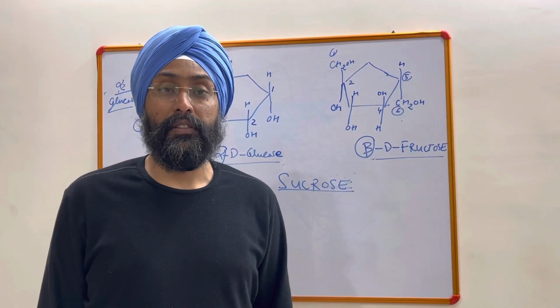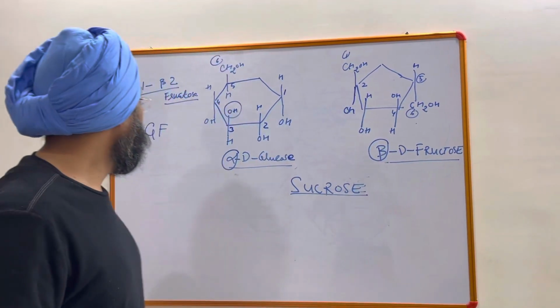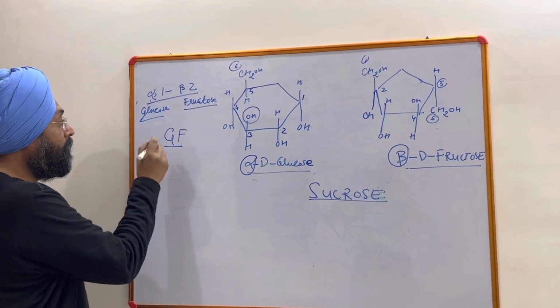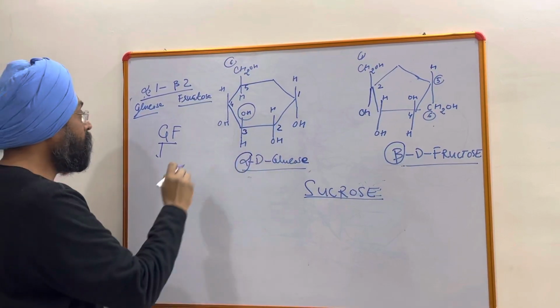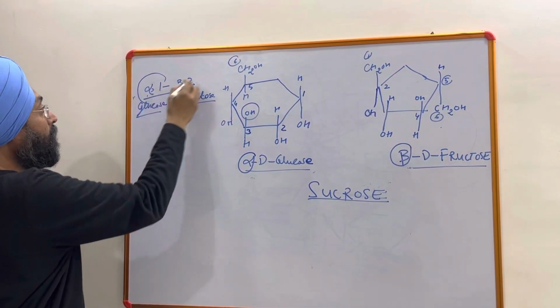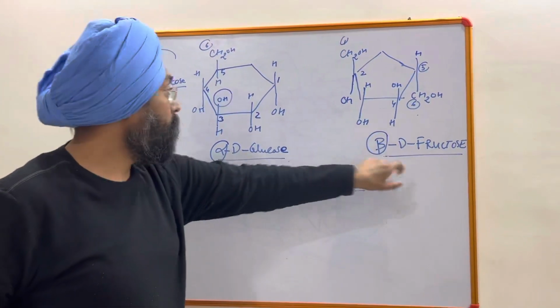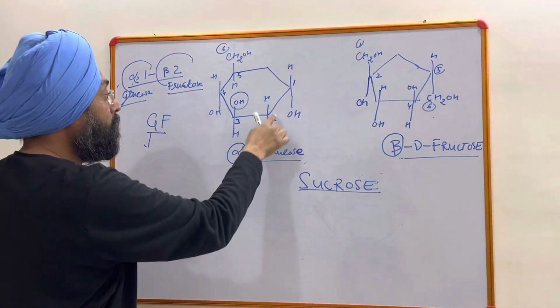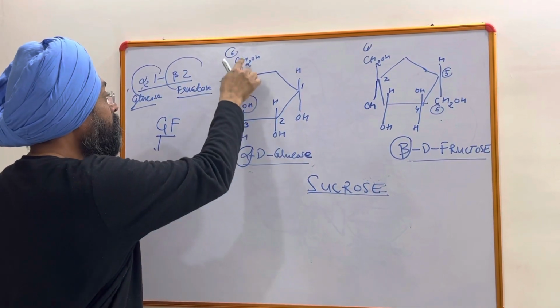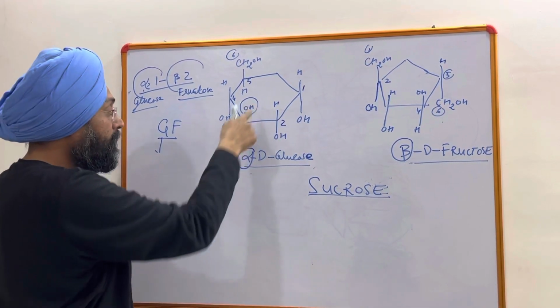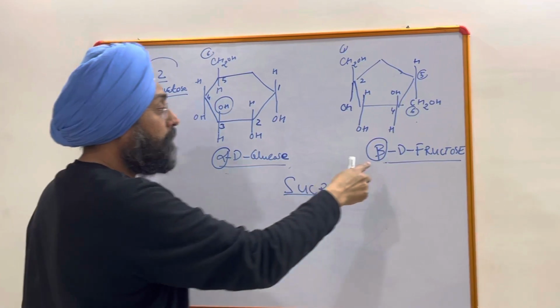Now we will start with structure of sucrose. Sucrose is remembered by the code G and F. It consists of glucose and fructose. The glucose is in alpha form and fructose is in beta form. So this is the structure of glucose, this is the structure of fructose. The glucose 1, 2, 3, 4, 5 and 6. Third carbon OH group is upside, so it is alpha D glucose, and beta D fructose.